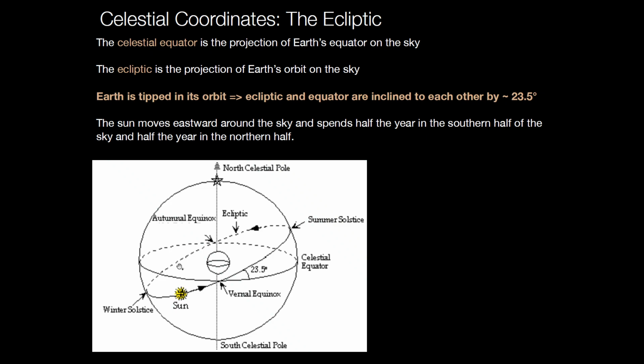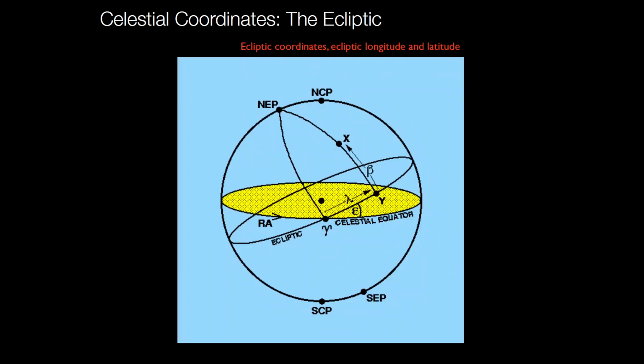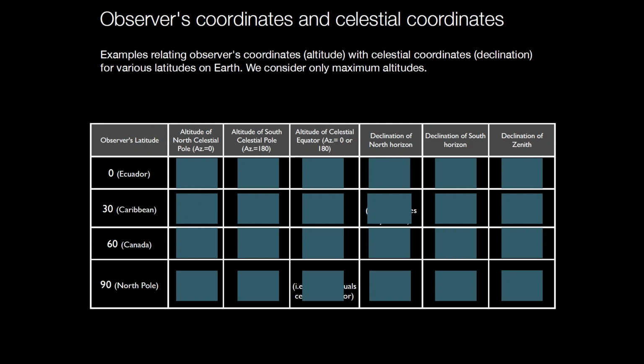Right. So let's think about how we might transform between different coordinate systems in general, and how we might visualize what's going on at various points on the Earth and how these things relate to each other. There is a table here which has some particular observers on various locations on the Earth: one on the equator, one in the Caribbean, one in Canada, and one at the North Pole.